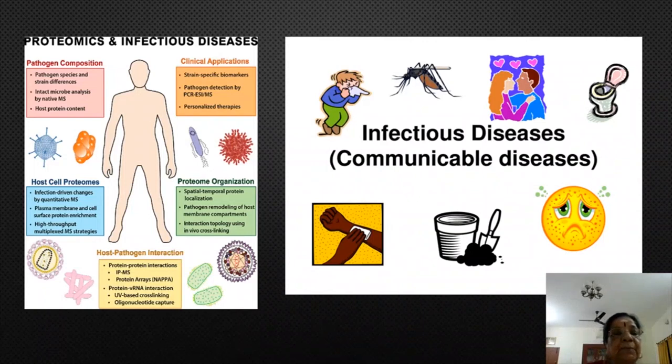Whereas here, pathogen species and strain, just understand pathogen composition, host cell, how it is affecting, and then proteome organization, the protein which is affecting the disease. You can ignore the details, just go through this. So this is infectious diseases.